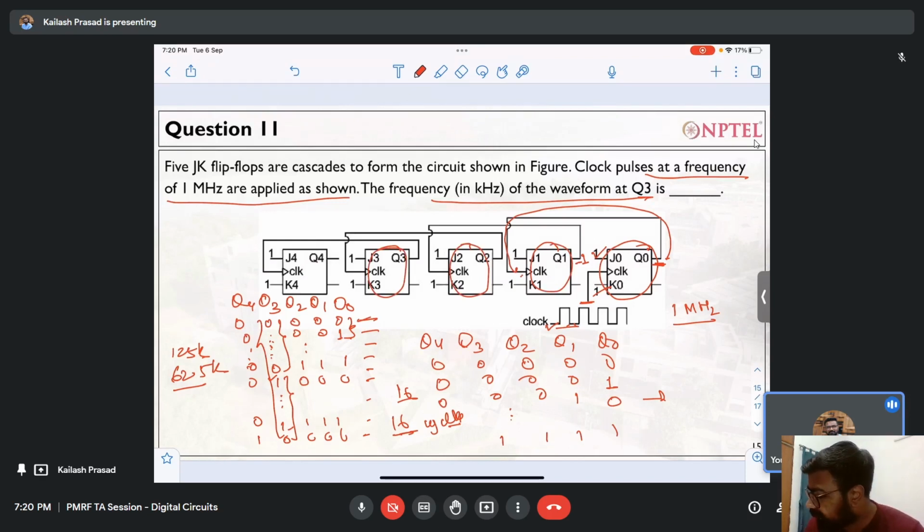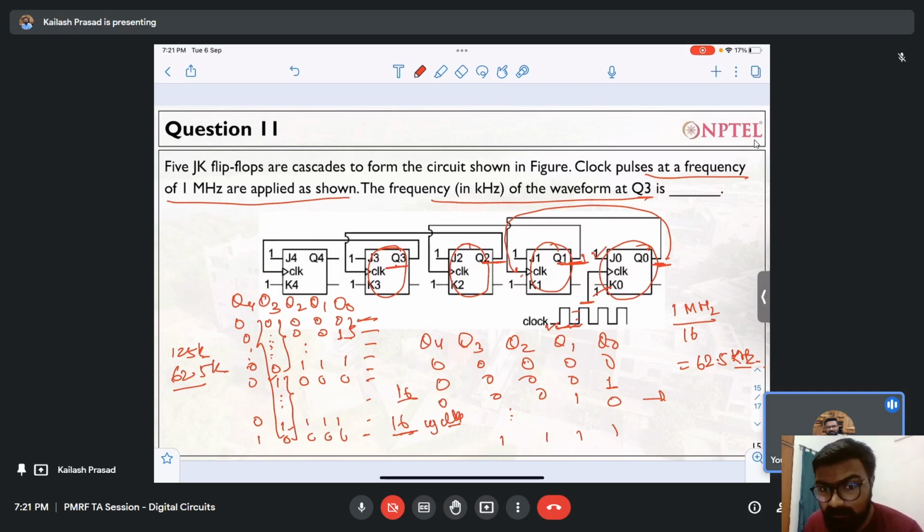So 1 megahertz divided by 16, and the answer will be 62.5 kilohertz. Everybody agrees to that? Yes Janki, it will be 62.5 kilohertz. It's simply a clock divider. So the frequency of Q3 will be 1 megahertz divided by 16.